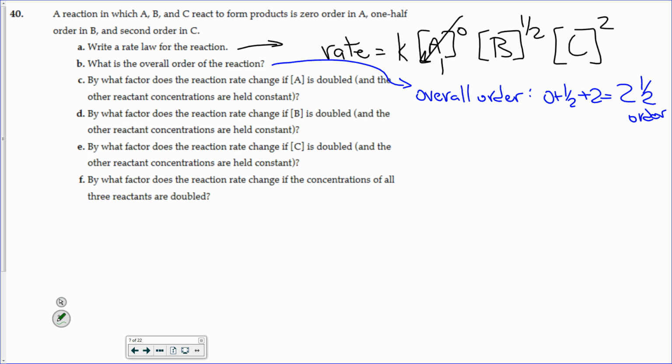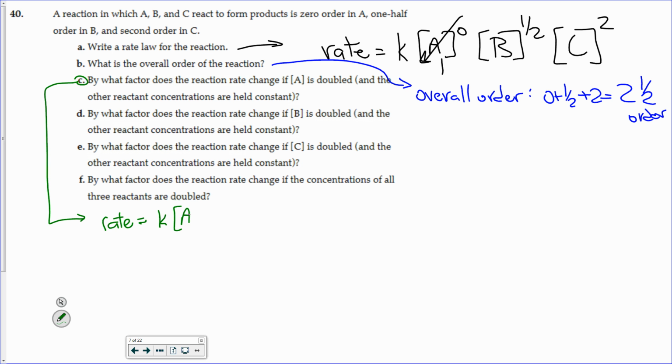So C says, by what factor does the reaction rate change if the concentration of A doubles? So if I think about the reaction, what I'm wanting to look at is how the rate is changing if the concentration of A is doubled.